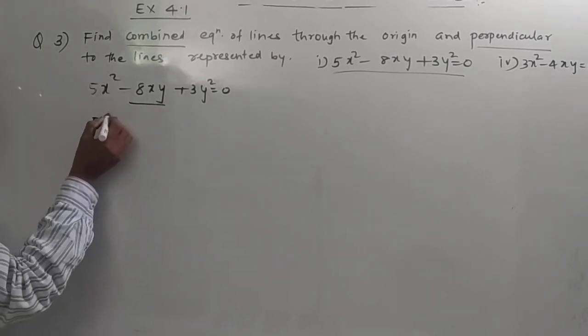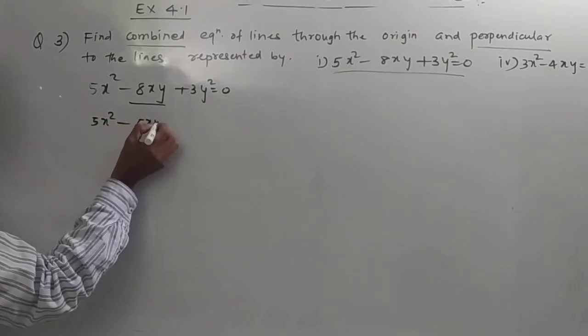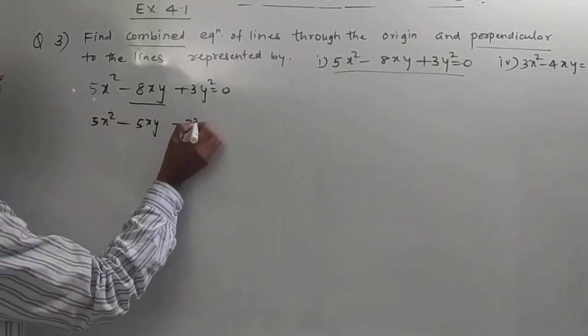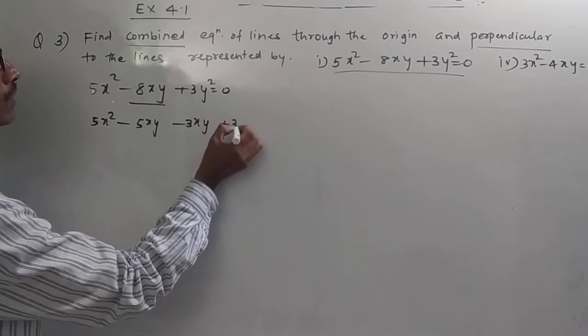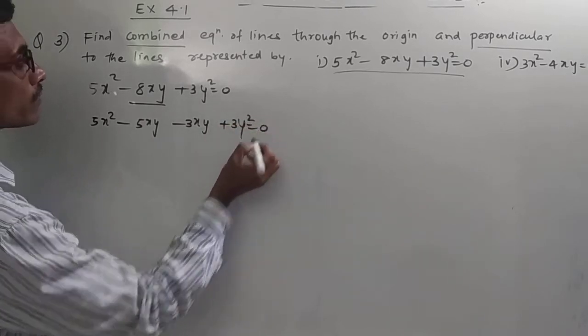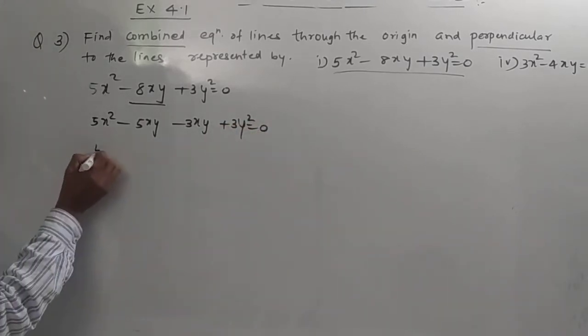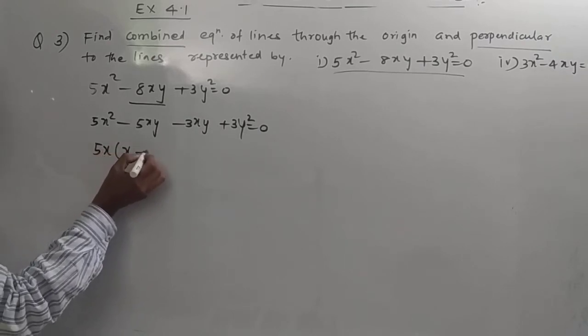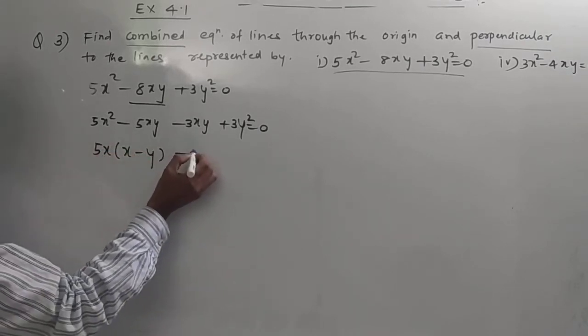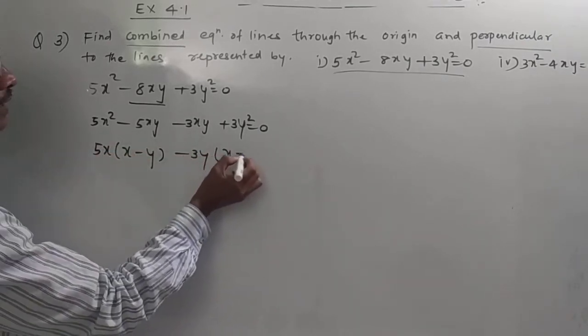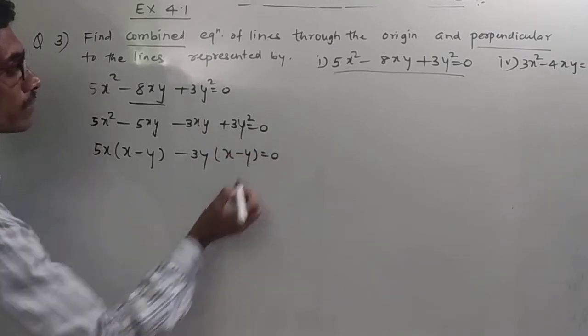5x square minus 5xy minus 3xy plus 3y square is equal to 0. 5x, so x minus y, here minus 3y, so again here x minus y is equal to 0.